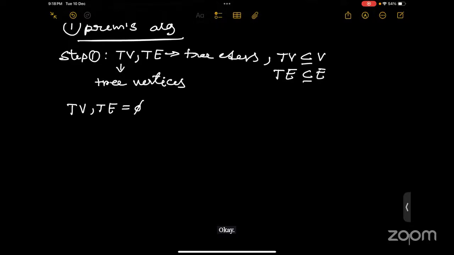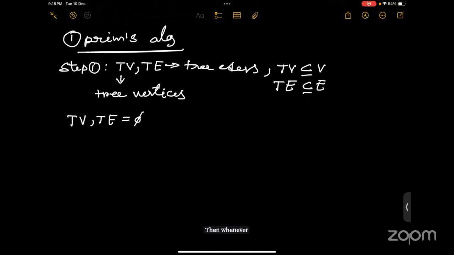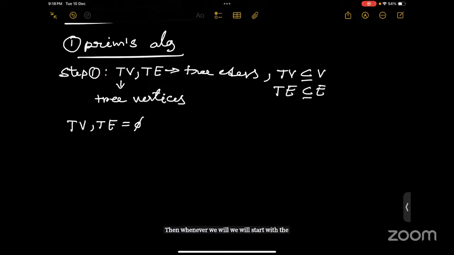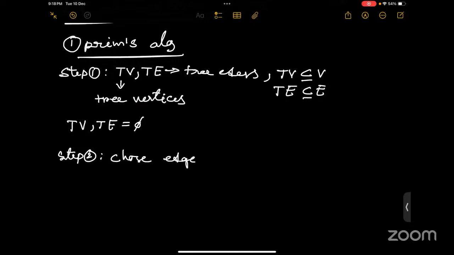Then we will start with the edge which has minimum weight. This is our step 2. We will choose the edge which has the least weight.